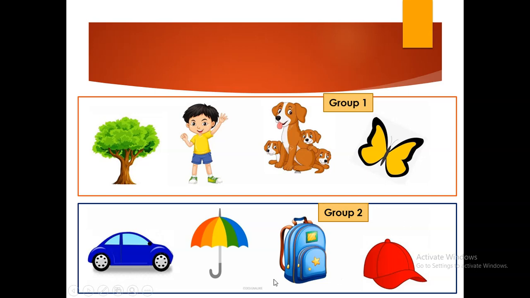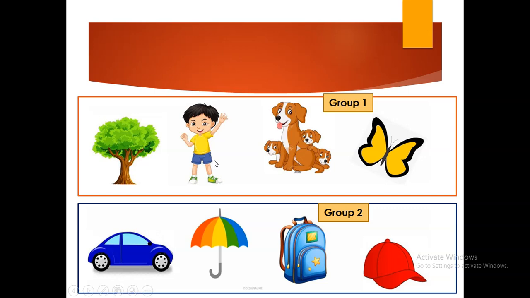So I put these things in two groups based on what? Look at group 1. Look at things in group 1. Tree, boy, dogs, and butterfly. What do they have in common? What traits do they have? So I put them in one group. Excellent. These things are alive.